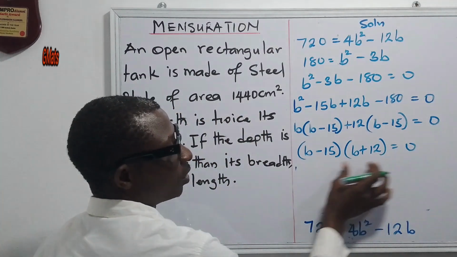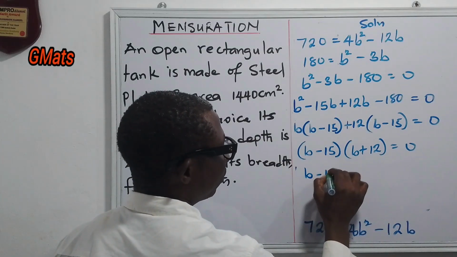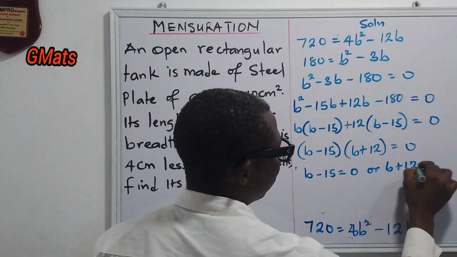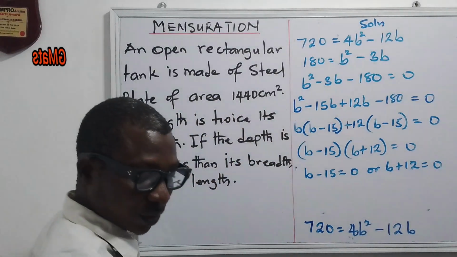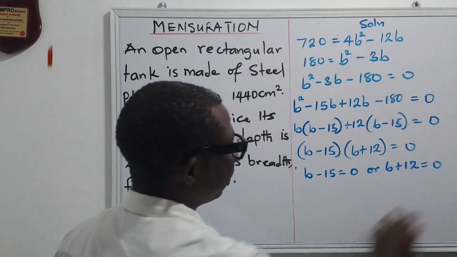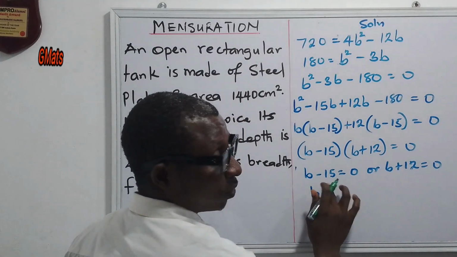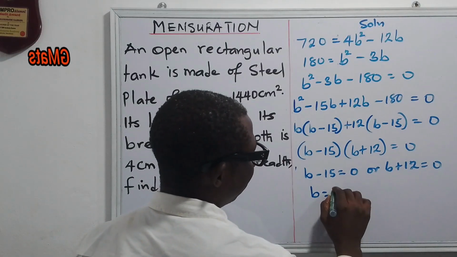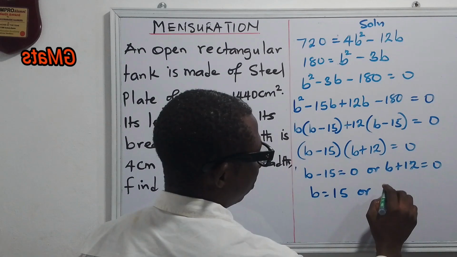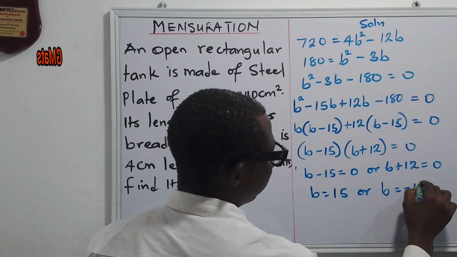So we have two entities multiplying each other to have 0. So it's either B minus 15 is 0 or B plus 12 is 0. Here, when you transpose 15 to this side, you have B equals 15, or transposing 12, we have B equals negative 12.